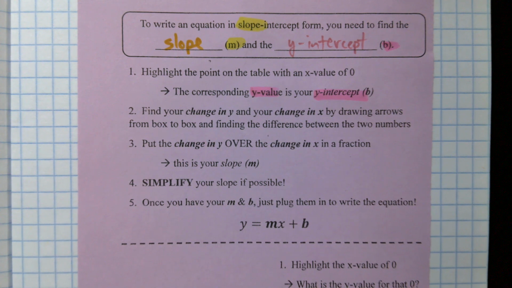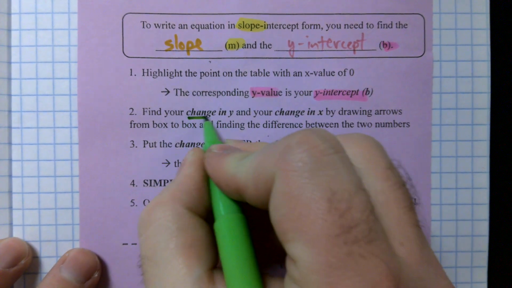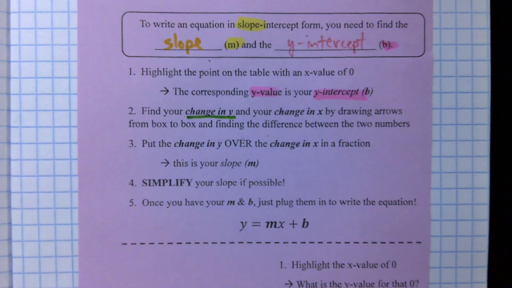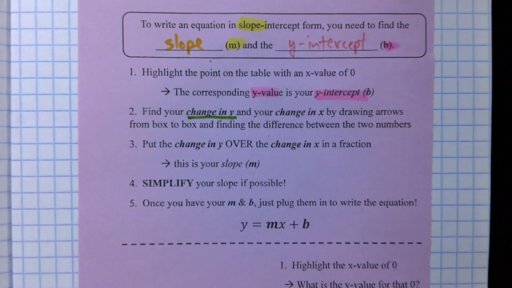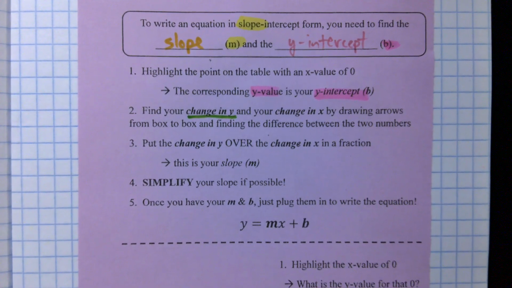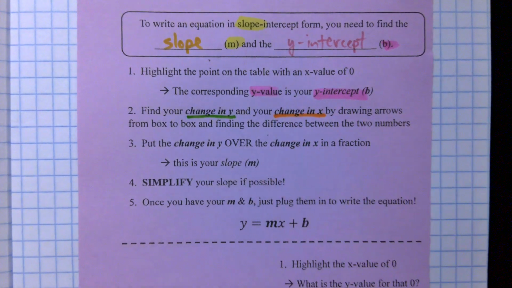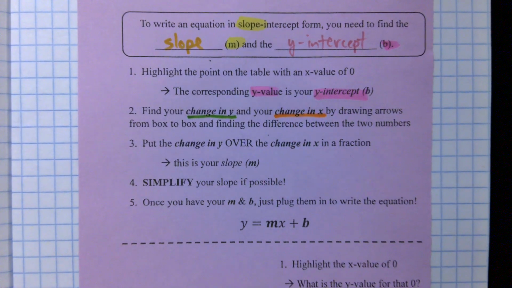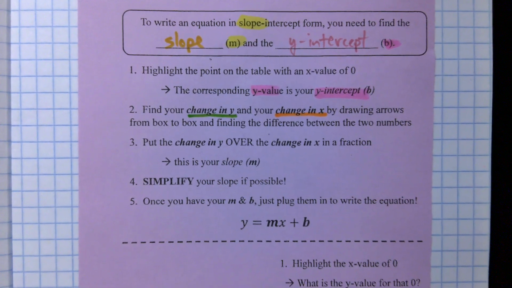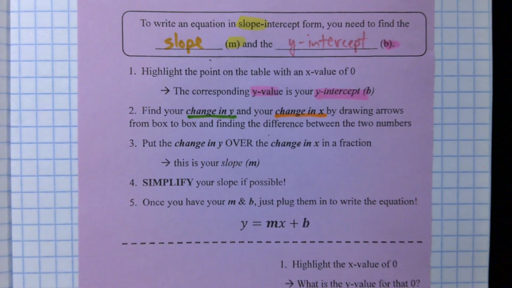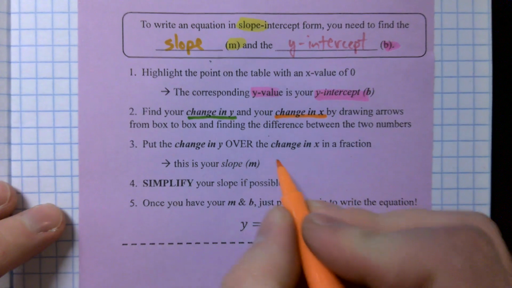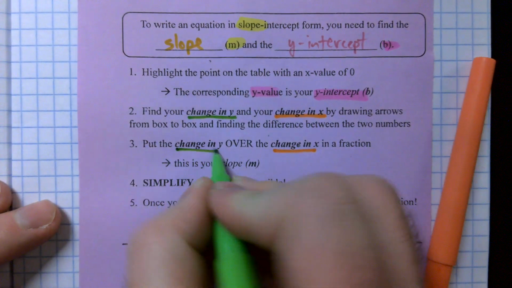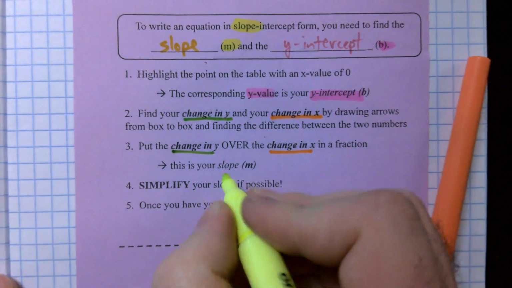Step 2 says I'm going to go to my table. I'm going to find my change in y. Okay, so my little arrows on the bottom of my table. And I'm going to find my change in x, which is my little arrows on the top of my table. And I'm going to put my change in y over my change in x to make my slope.